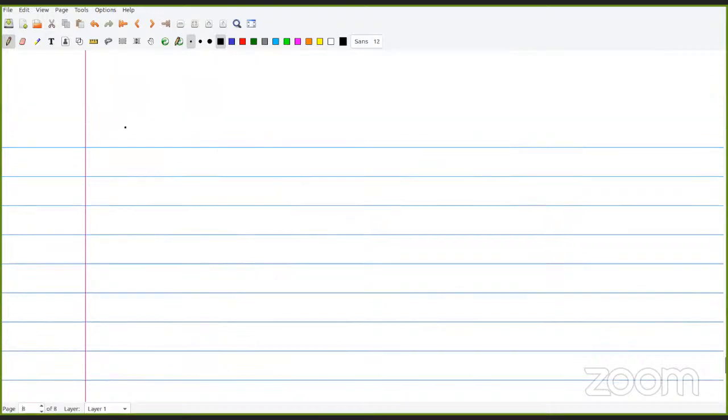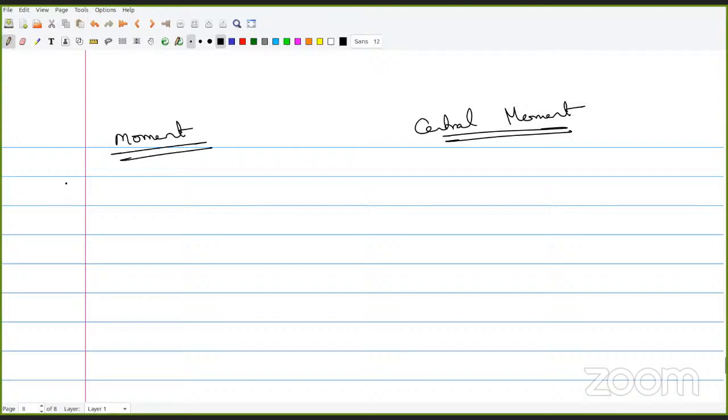See, there is a difference between moment and central moment. Moments are actually the expected value of x to the power n. This is the nth moment.